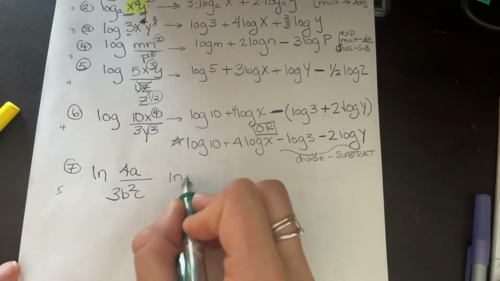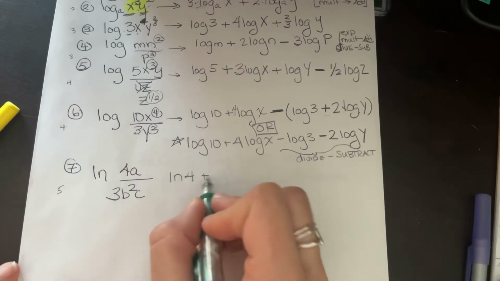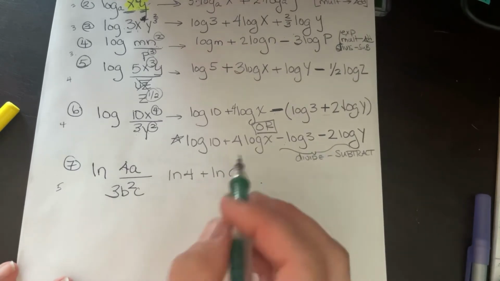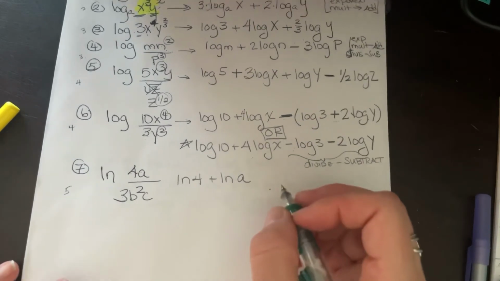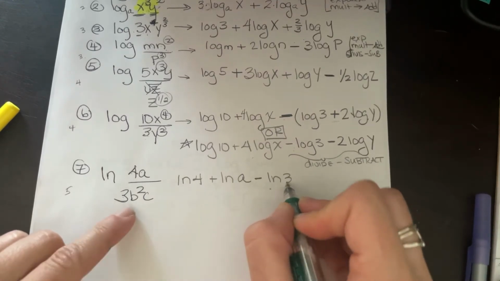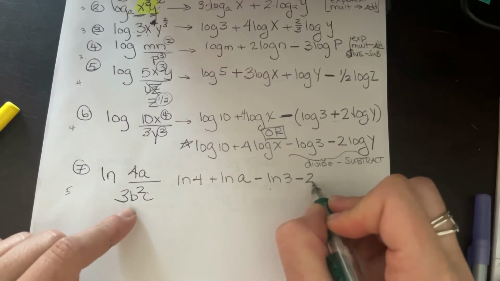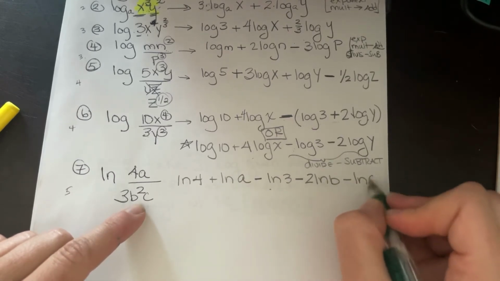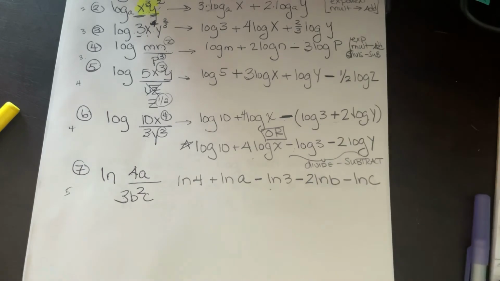So look, I can go ln of 4 plus ln of a, because it's multiplication. Now I'm going to stick with the bottom. I don't care which way you guys do it. I can say minus ln of 3, this is in the denominator, minus 2 ln b minus ln c. Remember, I don't care.